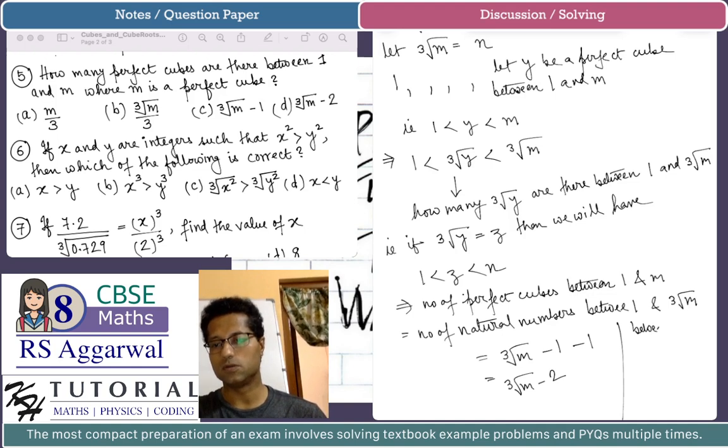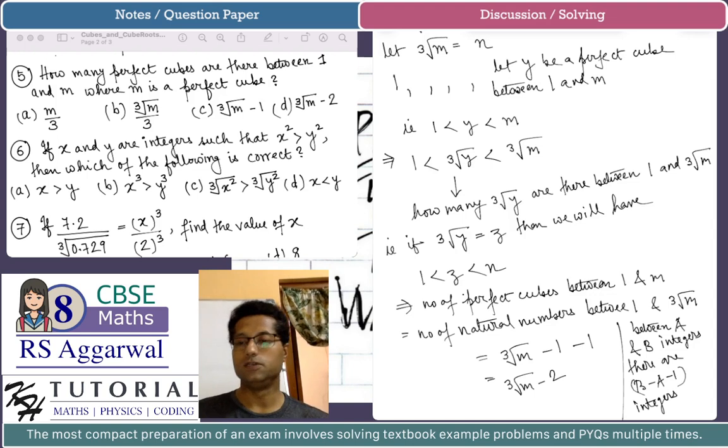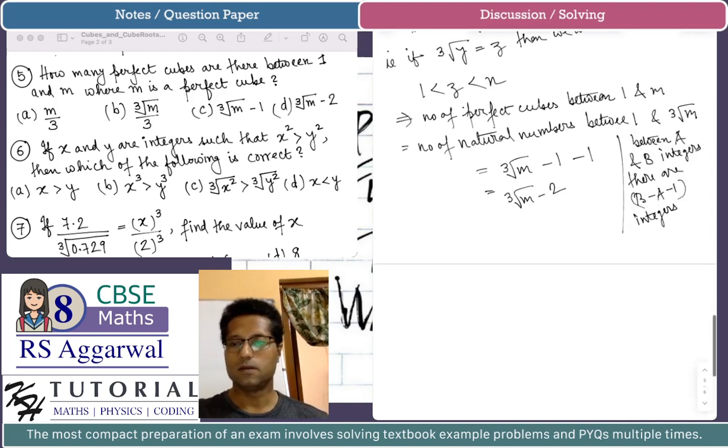You must know the fact that between two integers a and b, where a is less than b, there are b minus a minus 1 integers.